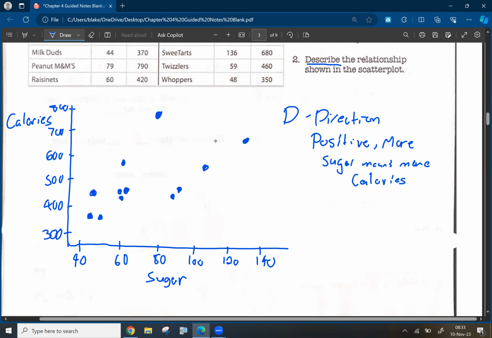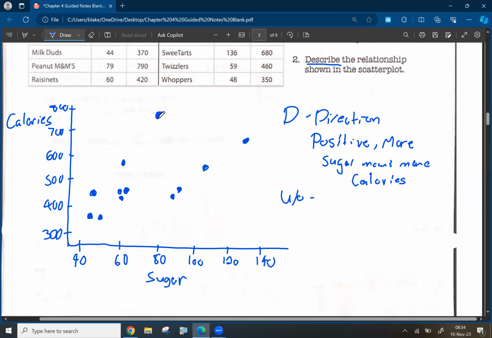All right, let's look at the U or O for unusual features or outliers. I would say the most unusual point is this one up here, because you can see the rest of these are pretty much gathered in this increasing line, but this one just has an unusual spike all the way up there. So that one is the Reese's, or not the Reese's, the peanut M&Ms one. That's 79, 790.